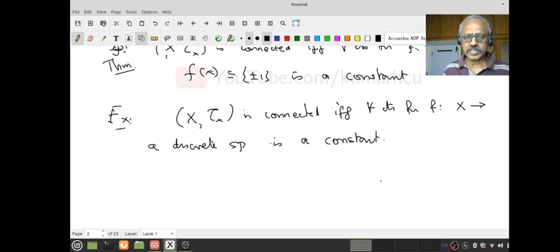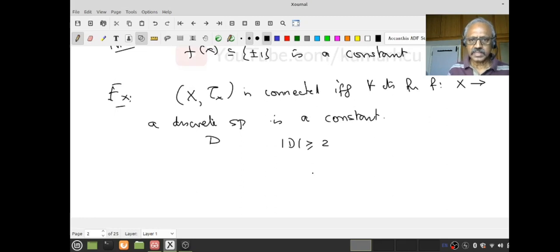Notice that if the discrete space has only one element, then of course it's a constant, so you do not assume the discrete space has more than one element. Let us call the discrete space D. Suppose D has at least two elements. Then you can argue the same way.